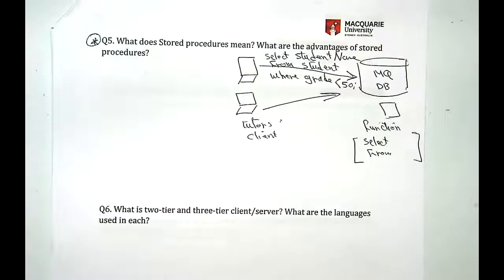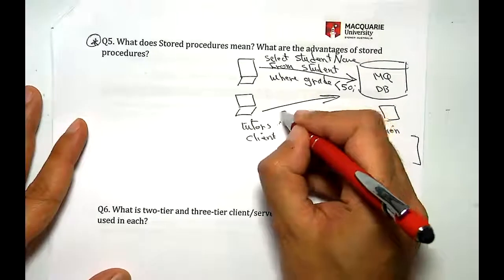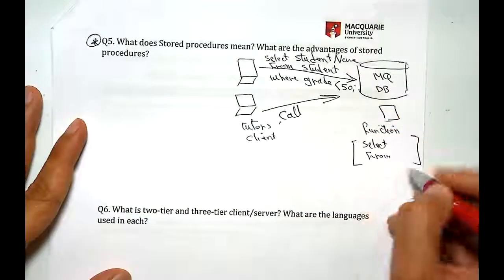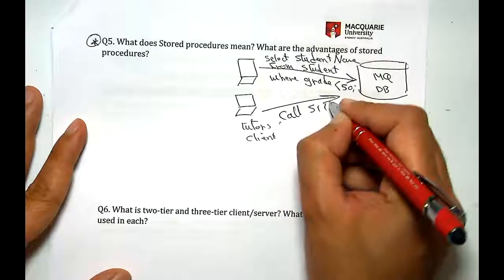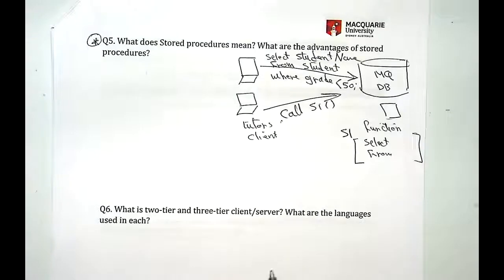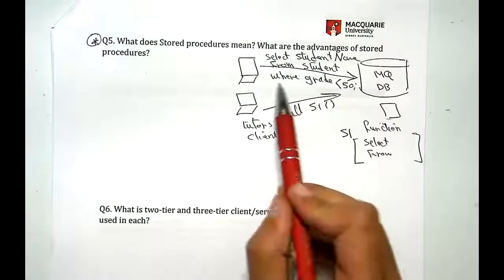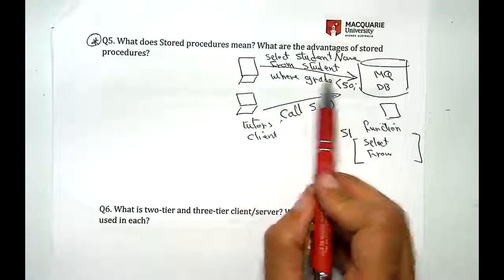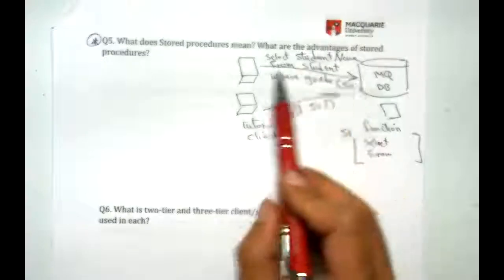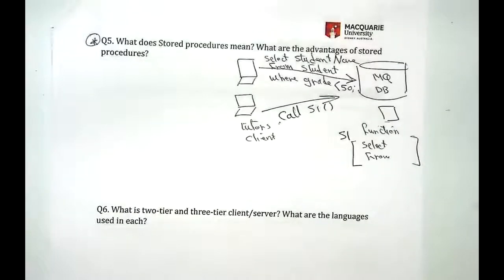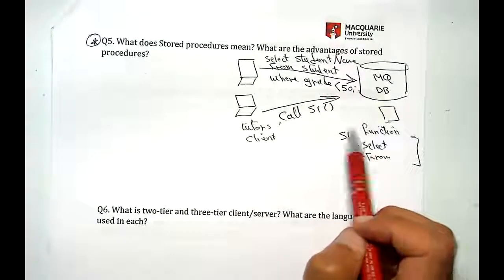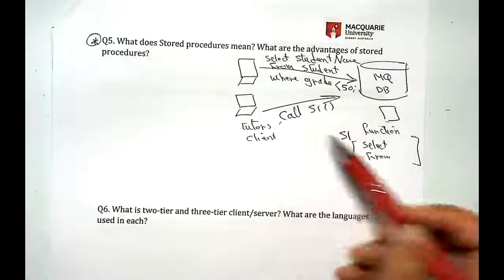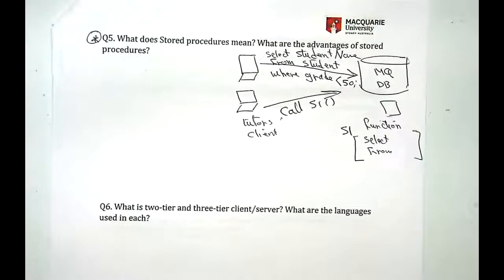Good memory. So we give this a name, for example, S1, and just call S1. So this is simply the idea of stored procedure. Instead of sending a query or code many times between client and server, we save this query and give it a name, and we simply call this function.